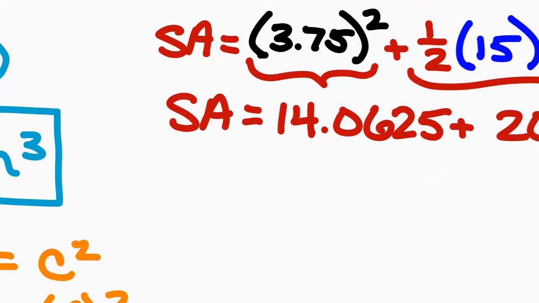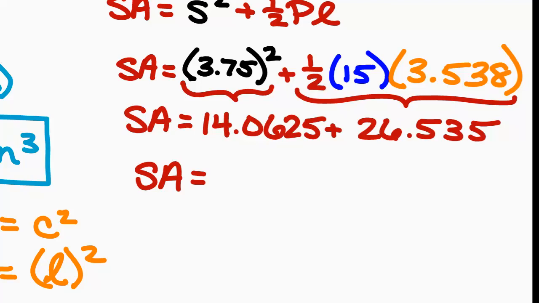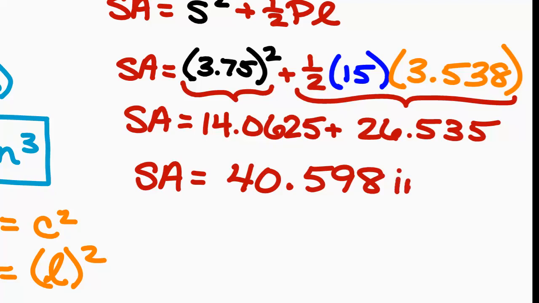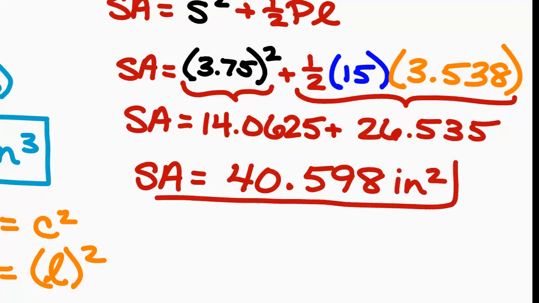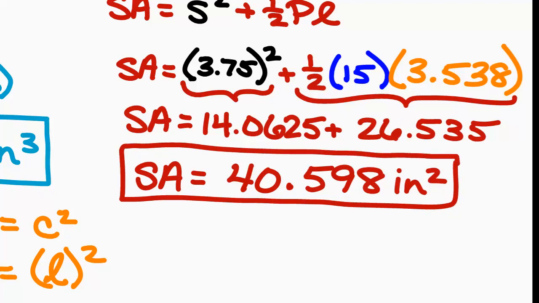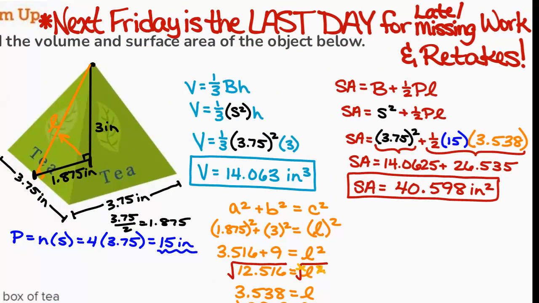And then we add those two together to get our total surface area. And what do we get? 40.598 inches squared. Comes out to 5975. That last 5 would round us up. Maybe round to 3 decimal places. Very nicely done.